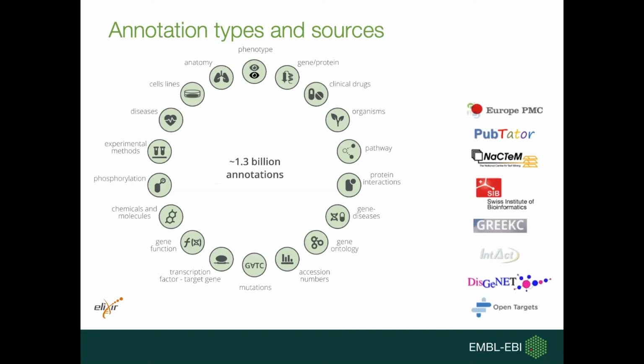Europe PMC Annotation Platform currently provides access to over 1 billion annotations of nearly 20 different types, including genes, proteins, phenotype, organisms, chemicals, gene disease relationship, and metagenomics annotations. These annotations are provided by a variety of text mining groups. They use text mining algorithms to identify different types of biological entities.